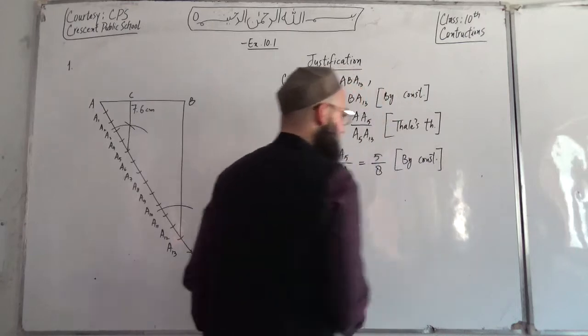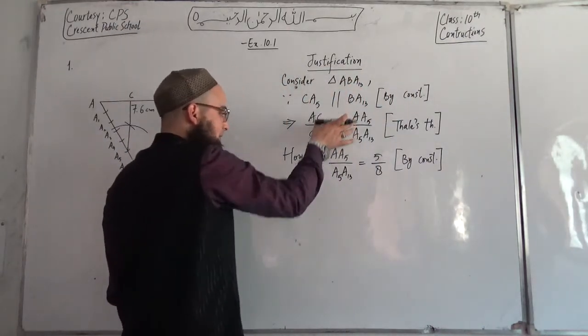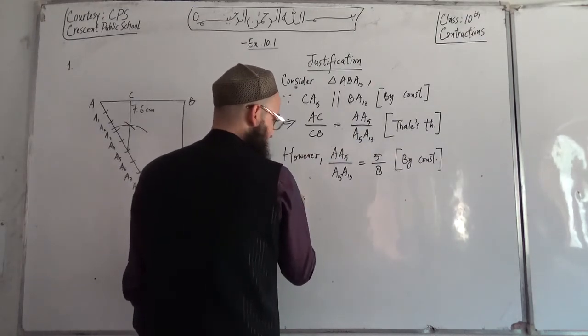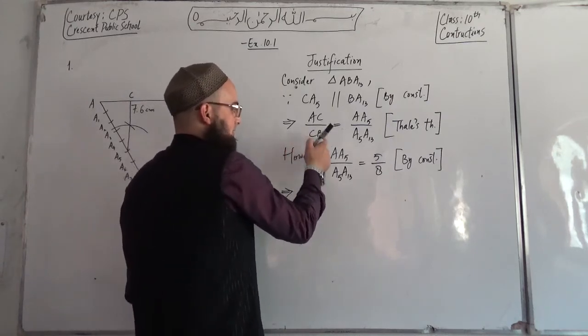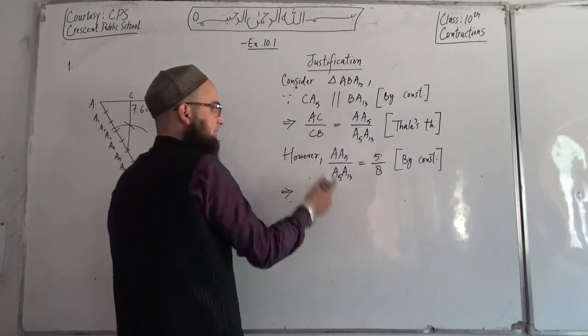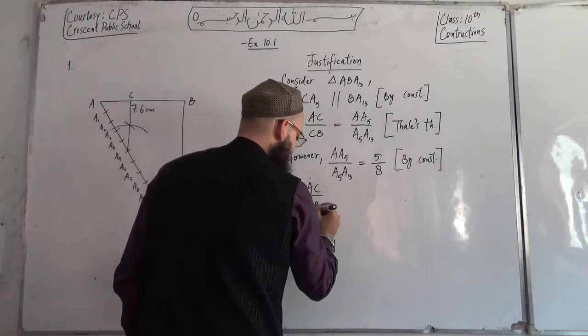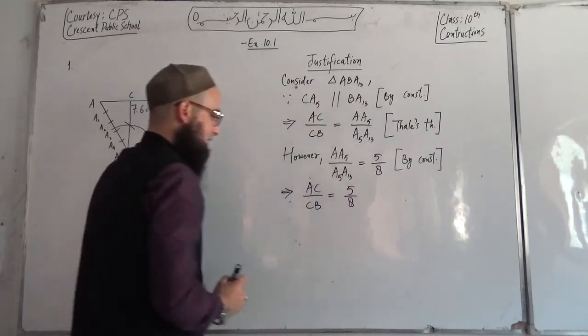As we constructed this, from this and this, what did you get? Which implies that from here and here, this is equal to this, and this is equal to the same thing, so this is equal to this. AC by CB is equal to 5 by 8.